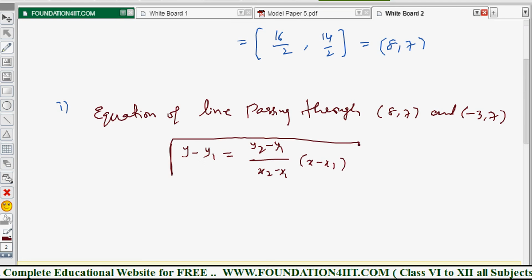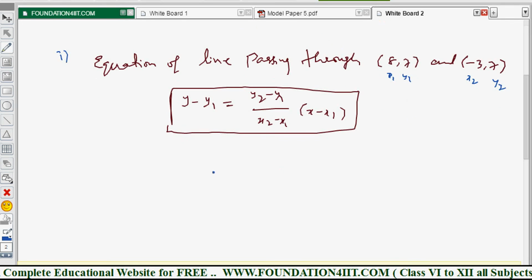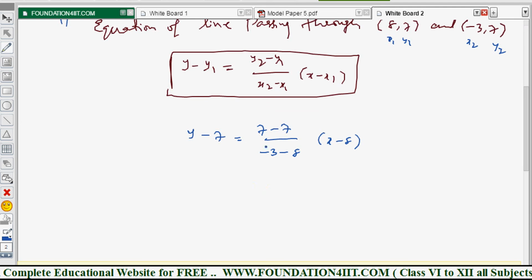Applying these points, with x1, y1 and x2, y2, we get y minus 7 is equal to 7 minus 7 by minus 3 minus 8 into x minus 8. 7 minus 7 is 0, so y minus 7 is equal to 0, then y is equal to 7. This is parallel to the x-axis.